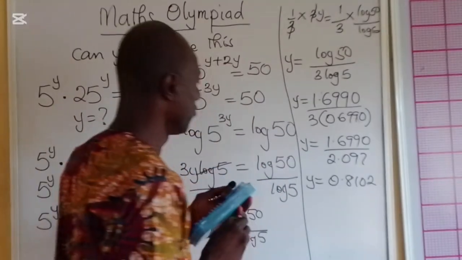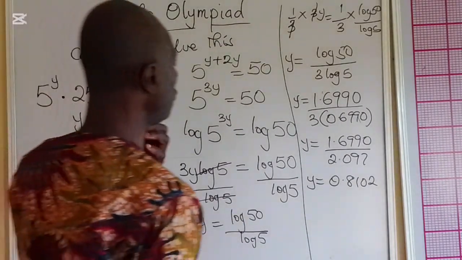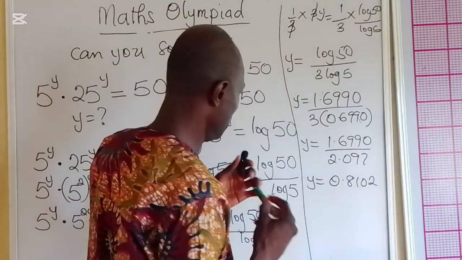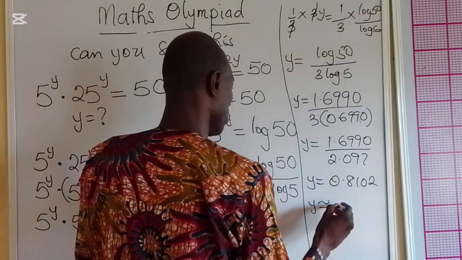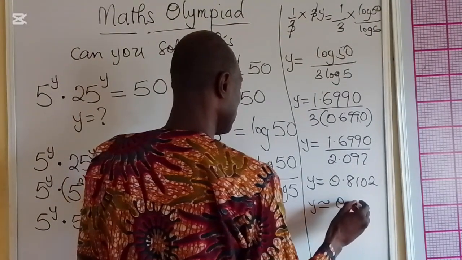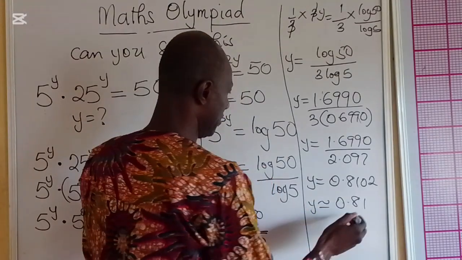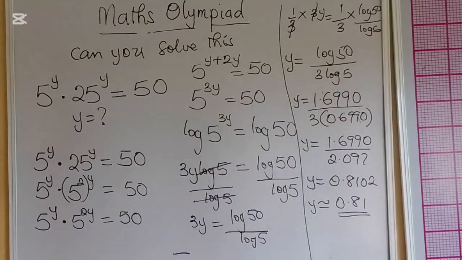Okay, let me approximate to 2 decimal places or 2 significant figures. So y by approximation is 0.81. That is to 2 decimal places, or you can also call it to 2 significant figures.